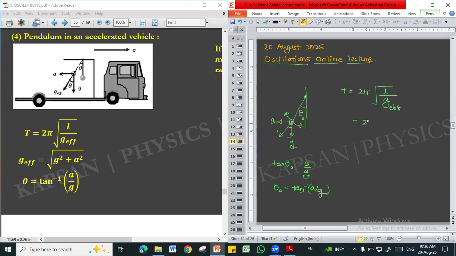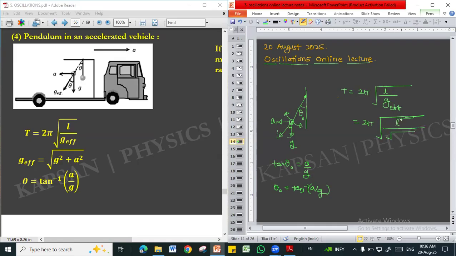What is G effective in this case? Anyone? In this case, our G effective will be under root A square plus G square.